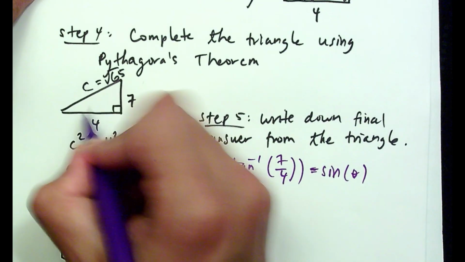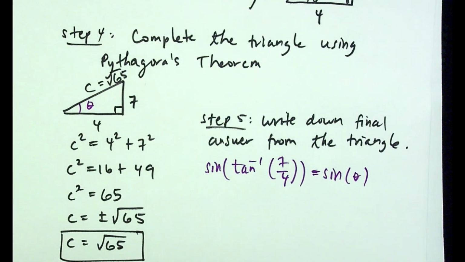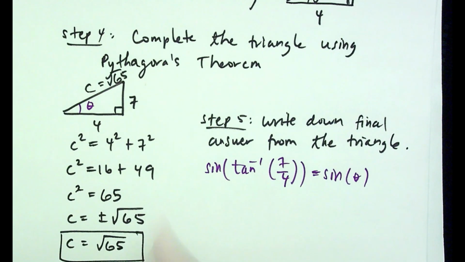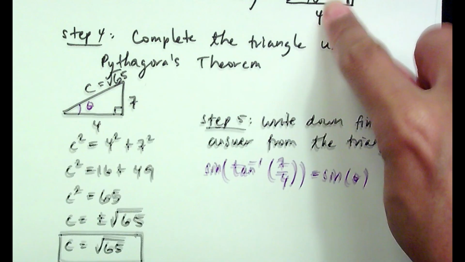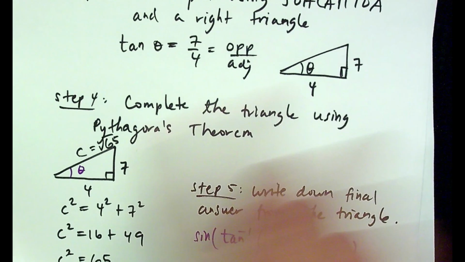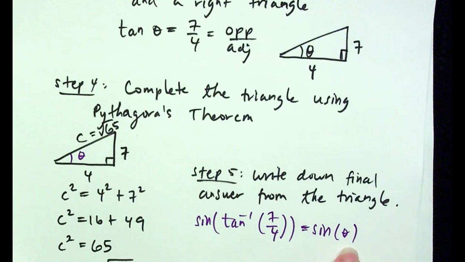Oh, I forgot to label this. This is theta. I didn't need it for applying Pythagorean theorem, but now I do need it. That's where I have the theta. So what is sine of theta from this picture?